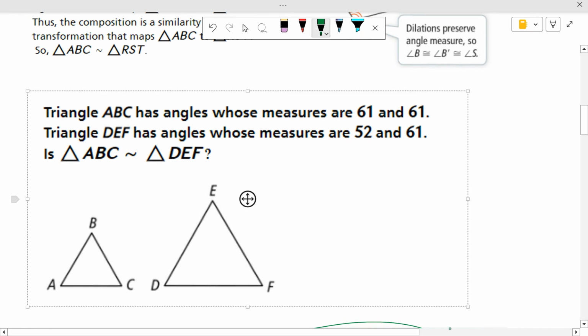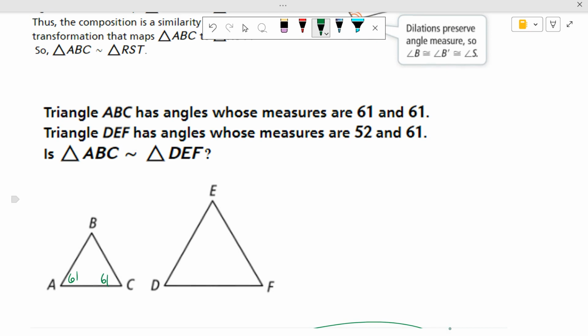So if triangle ABC has angles 61 and 61, and this has 52 and 61, are they similar? Well, to figure it out, we have to figure out the remaining angle.